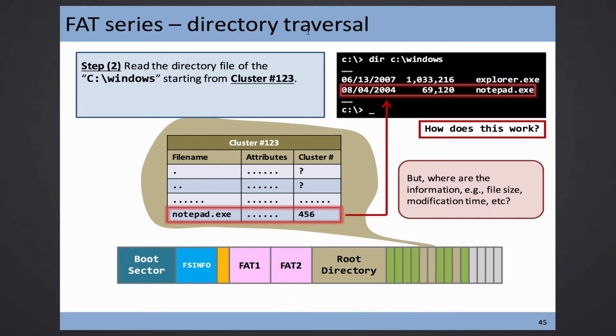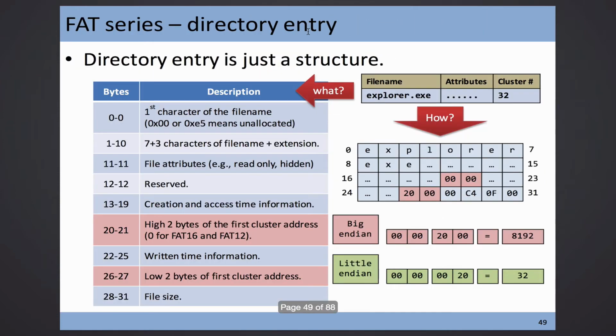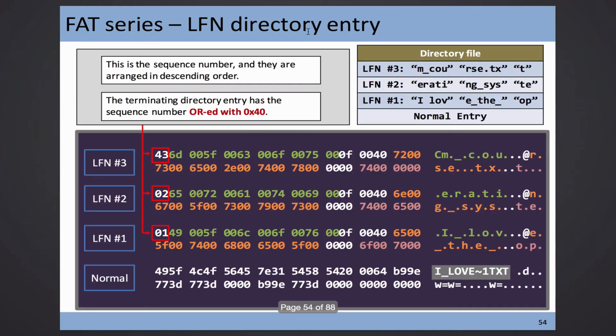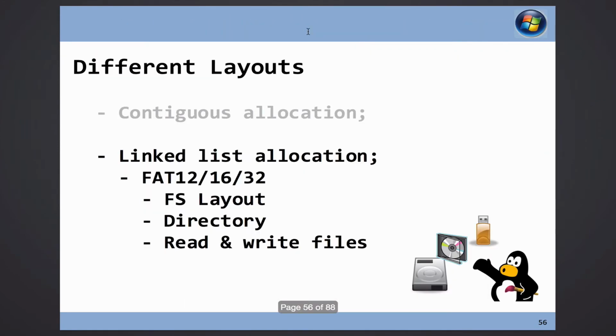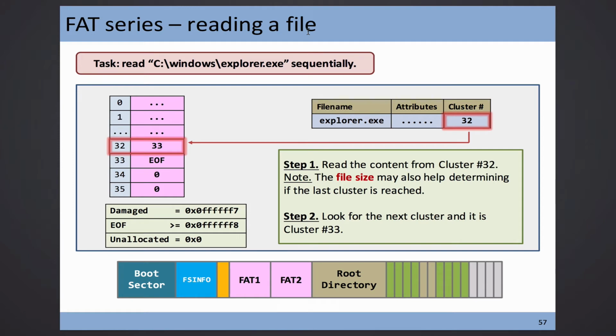So the cartoon adjusts a bit. Remember, suppose this is 1, 2, 3. And then we continue the story of reading data. So when you try to read the data, you will follow the linked list and read it all. The first one is 32.